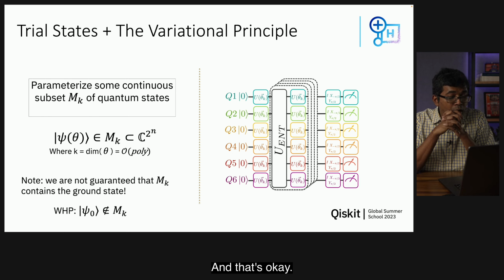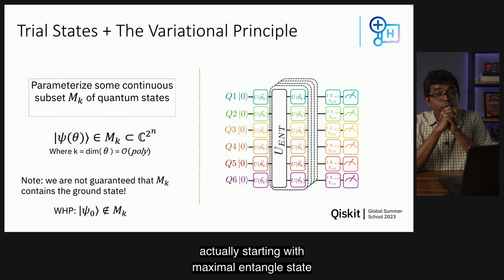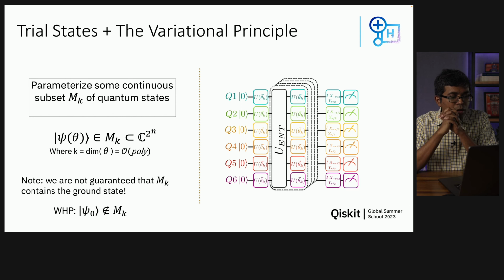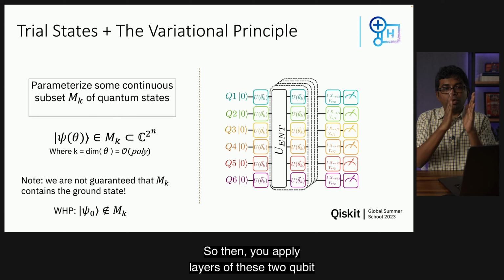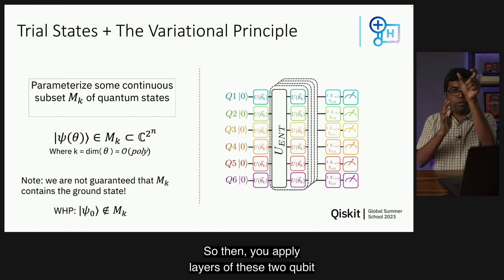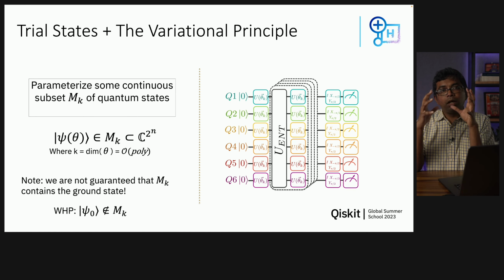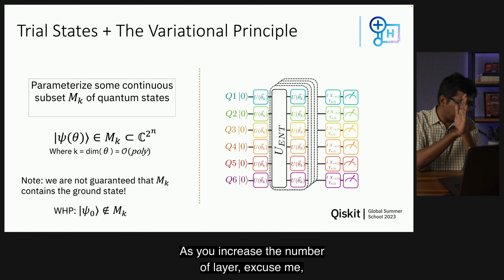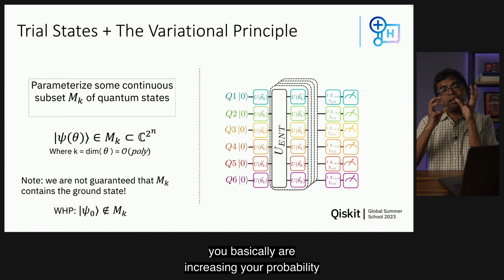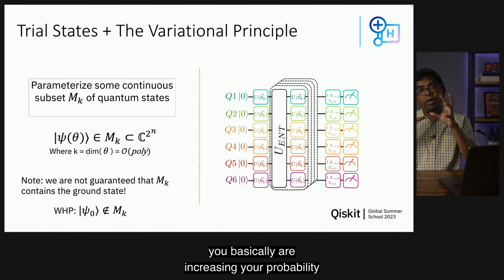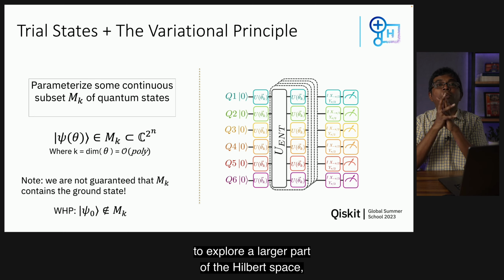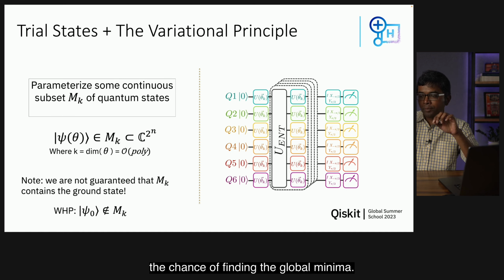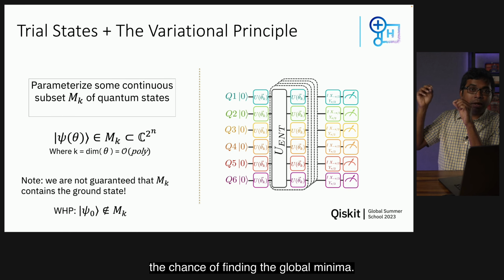And that's okay. In some cases, starting with a maximally entangled state might give you some theoretical advantage. Then you apply layers of these 2 qubit and single qubit gates, right? As you increase the number of layers, you are increasing your probability to explore a larger part of the Hilbert space, which is good because that means you are increasing the chance of finding the global minima.